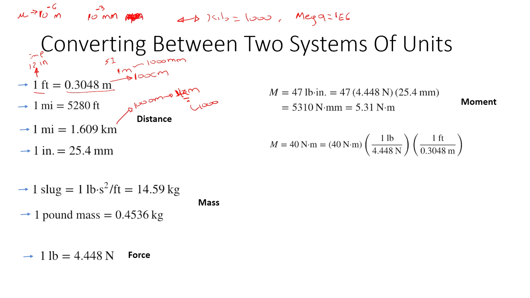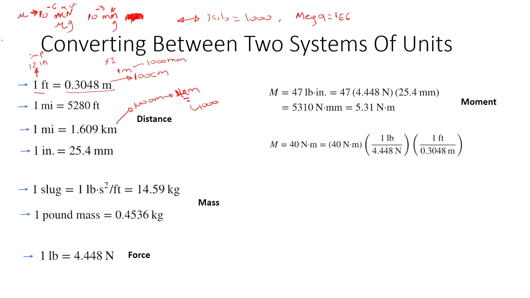So 10 to the negative 3 is milli: millimeters, milligrams, millinewtons. Micro, which is mu, a Greek symbol, is 10 to the negative 6: micronewtons, micrograms, like in biology, forces in our brain. Microvolts, the signals in our brain.